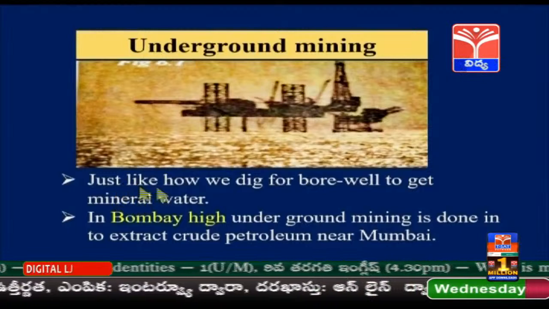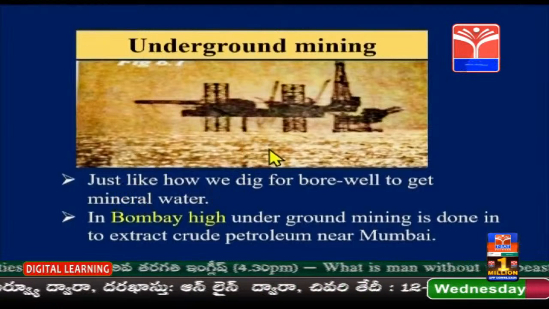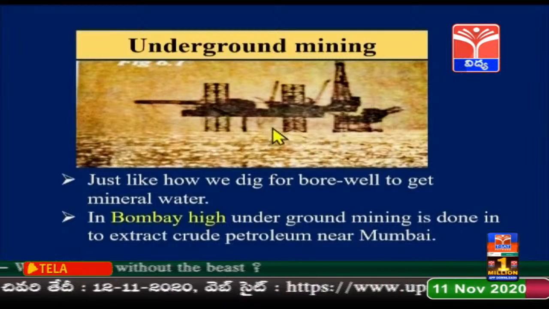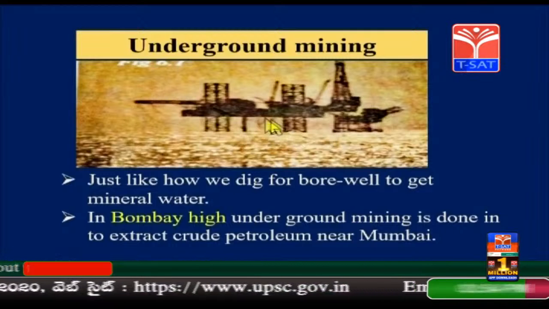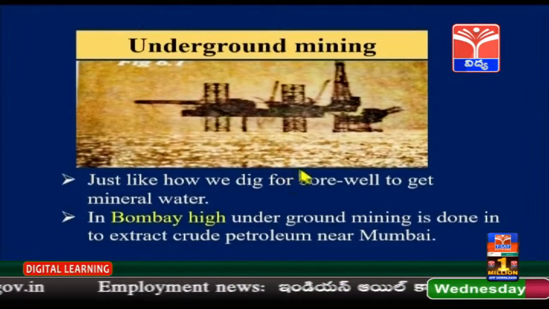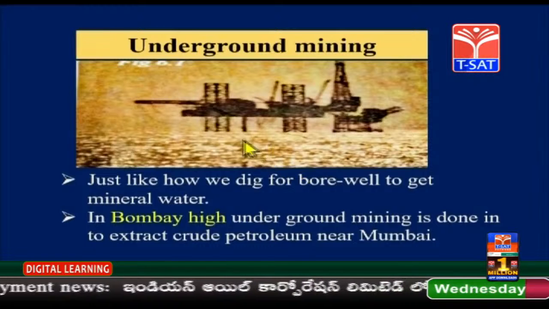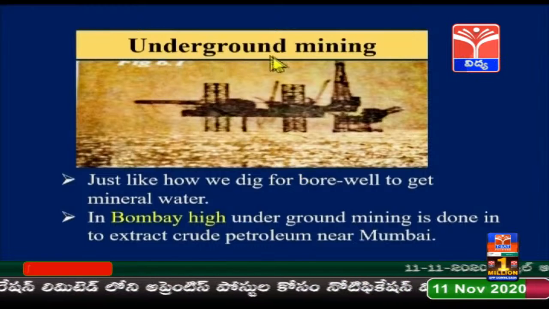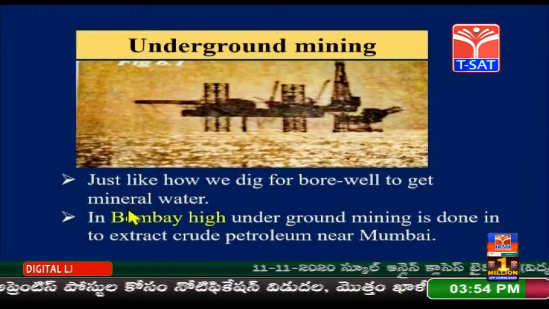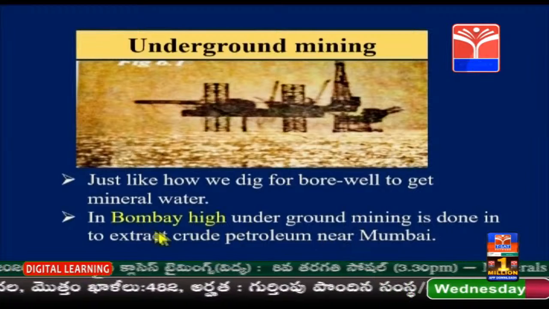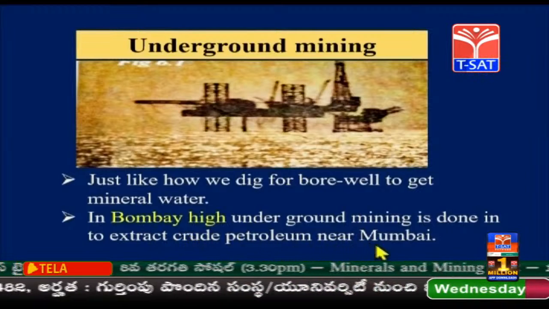Just how we dig, you must be knowing how the bore wells are dug, children. Yes, there will be a hole they will dig, and deep inside the pipes will go, is it not? So they will dig the bore well. Similarly, in the same way, the mining is also done in underground mining. In the Bombay High, underground mining is done to extract the crude petroleum near Mumbai.